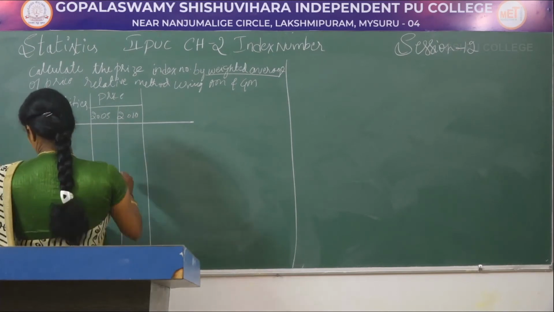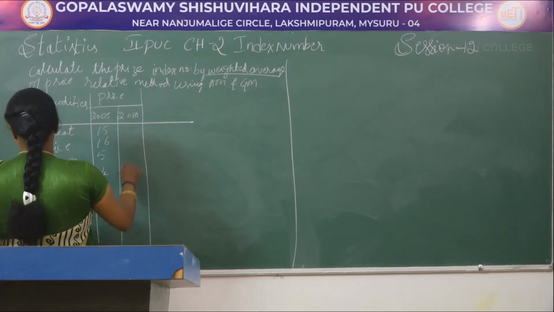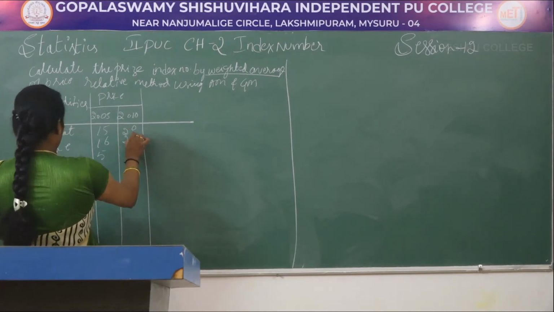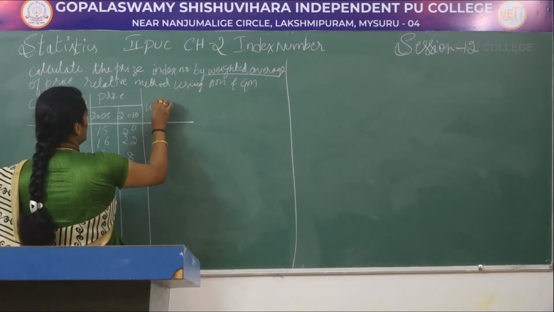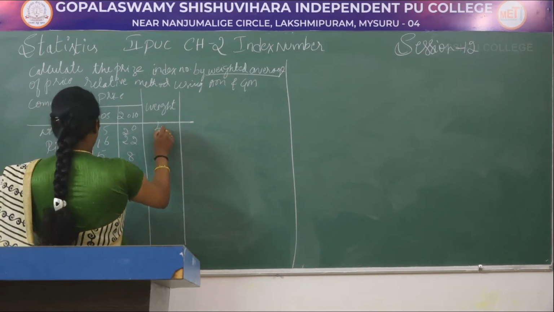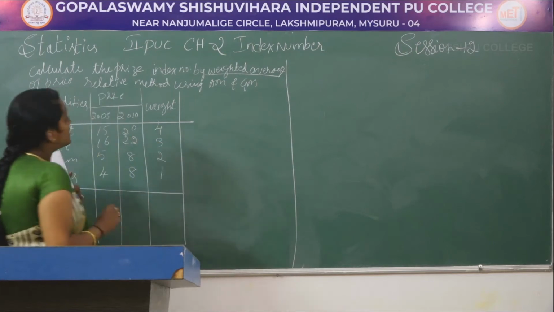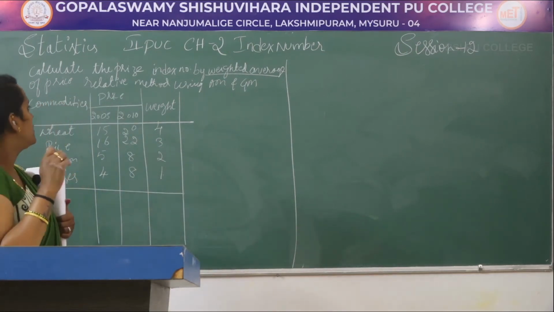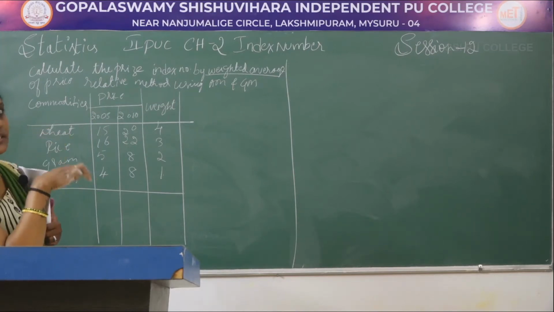Next, price of 2005: 15, 16, 5 and 4. For 2010: 20, 22, 8 and 8. With weights they have given, call it weight: 4, 3, 2, 1. So this is the data they have given. Along with this they have given the weights, so we have to use these weights also.